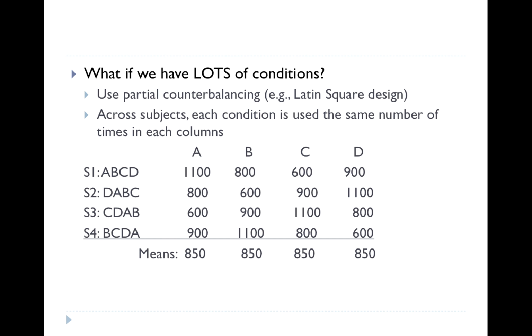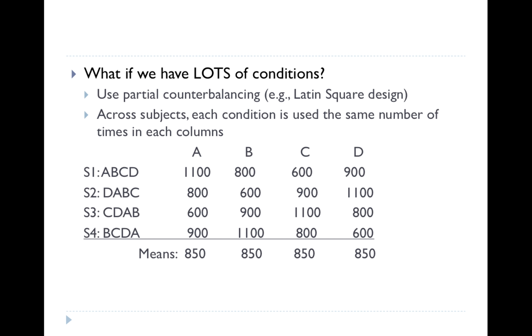Instead of doing complete counterbalancing where every order is accounted for, you do partial counterbalancing, also referred to as Latin square design. You try to do different permutations, such as in the example right here.